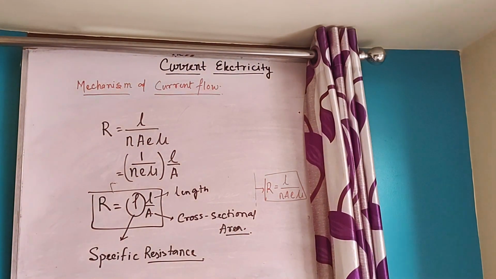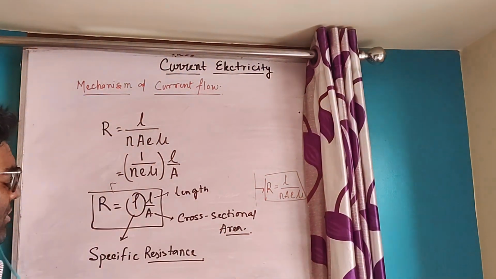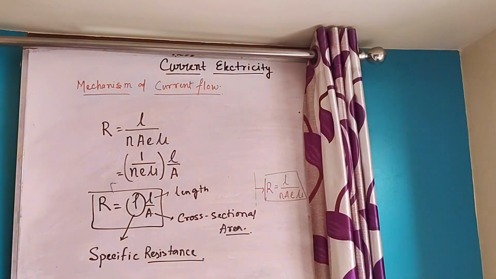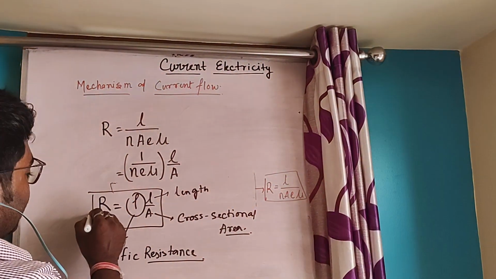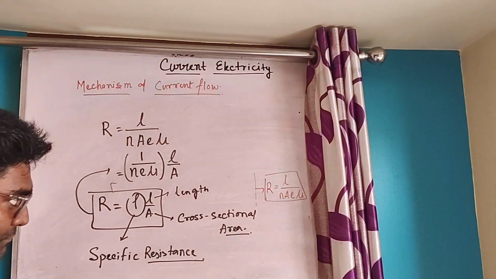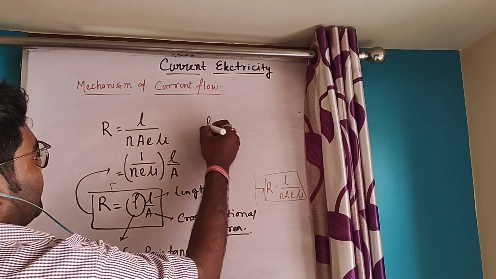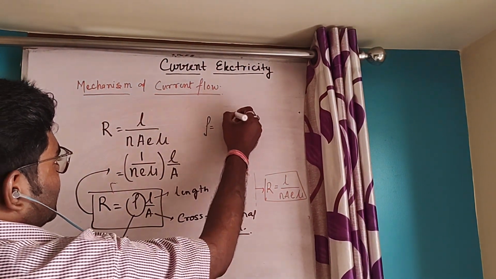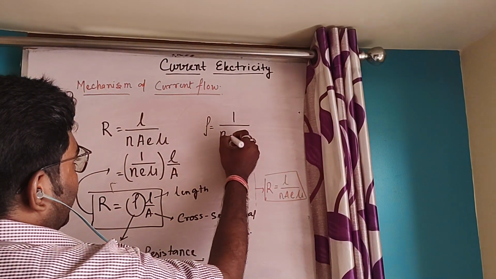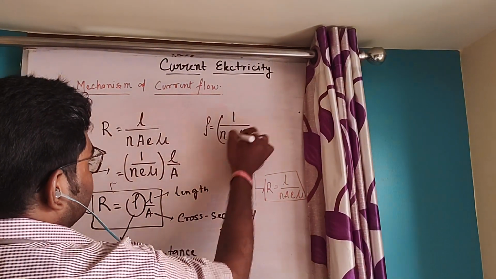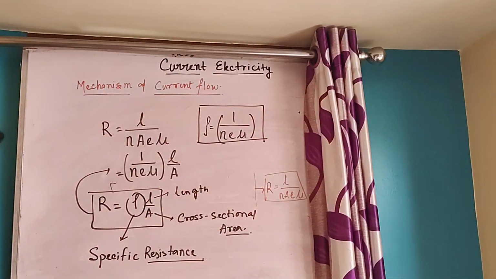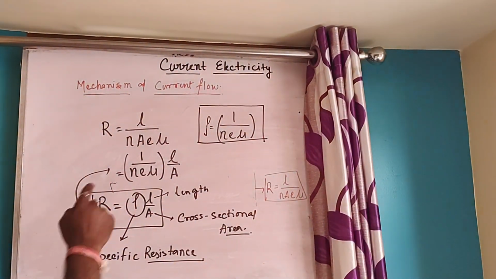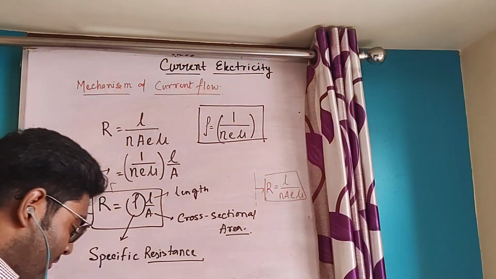If I compare this and this equation, I will get specific resistance equal to 1 by N E into mu. This is the specific resistance that we have got.